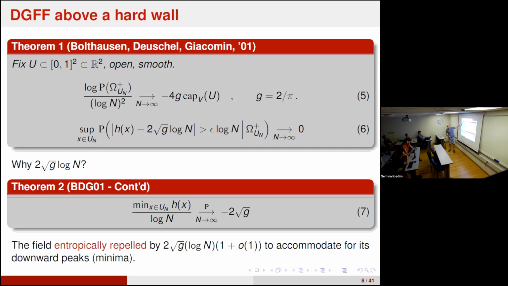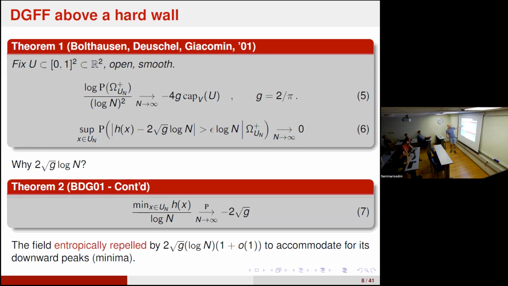Then I fix some open domain inside it, and then I require that the field is positive in a subset of the domain, everything discretized by n.